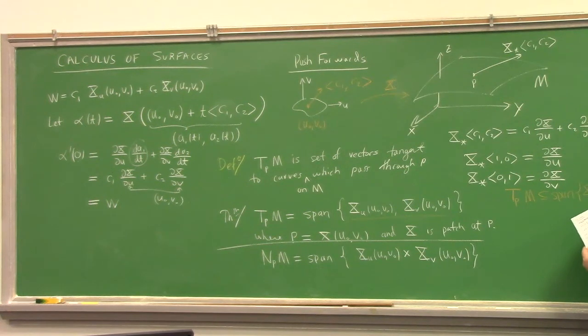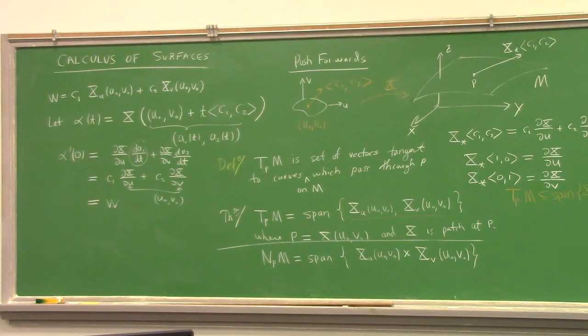Given a surface M, number one, an assignment P maps to, let's say, V of P, an element of T_P M, for each P in M. Well, it doesn't have to be for each P in M. That's too strong.